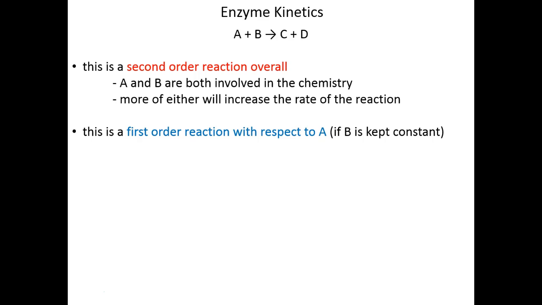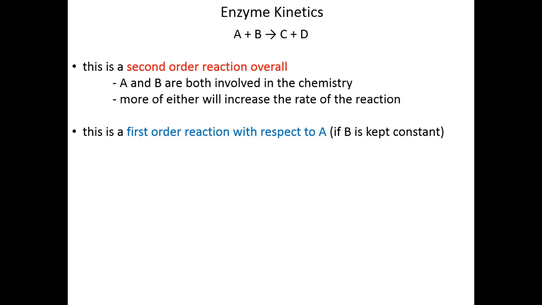Now, if we consider the rate of the reaction with respect to A, in other words, let's look at A only. If we keep B constant, and we only add more A, we're not going to speed up this reaction as much. The amount of B will become limiting.